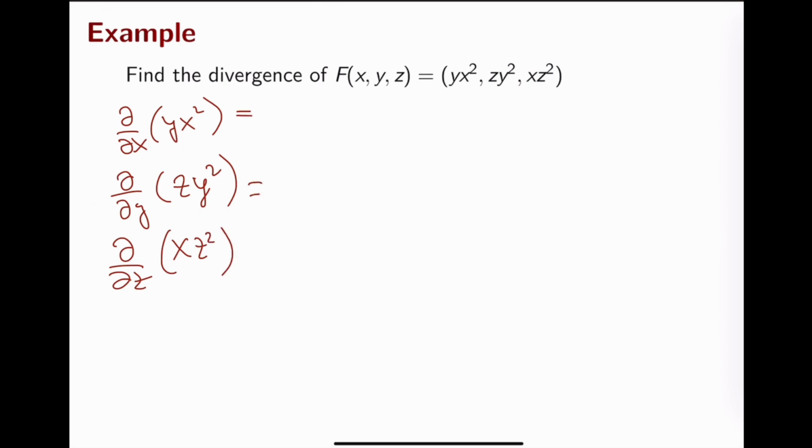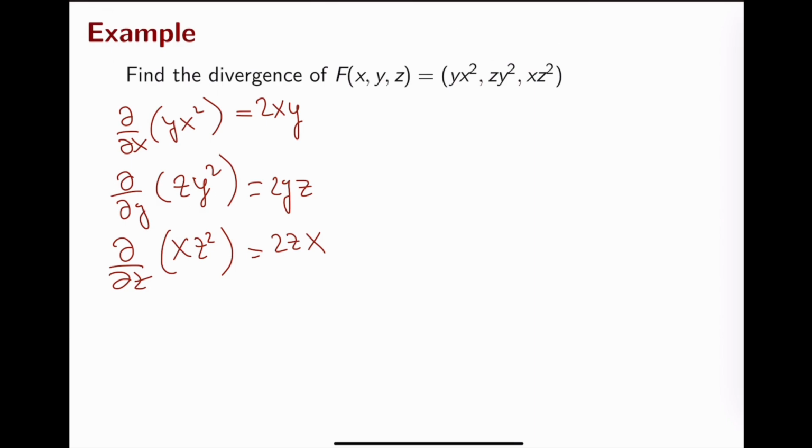Okay, so let's calculate each of these derivatives. The derivative of this with respect to x, well, the y goes out, and the derivative of x squared is 2x. The same way here, the derivative with respect to y, the z is a constant, and the derivative of y squared is 2y. And in here, with respect to z, the x is a constant, and the derivative of z squared is 2z. So we have the three derivatives.